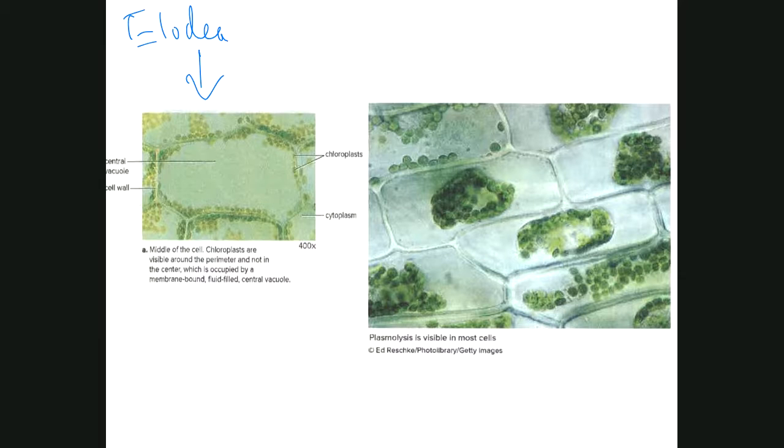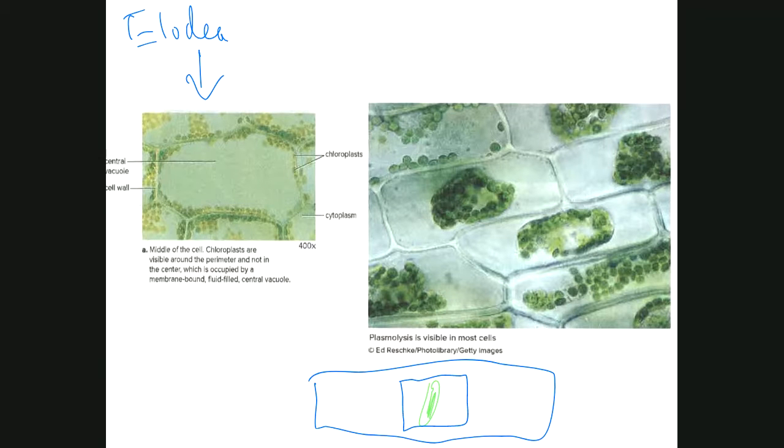So here is your slide. Okay, and I'll put a leaf here. And you have your cover slip around it. Okay, and you put a little dropper. Let's use this color here.